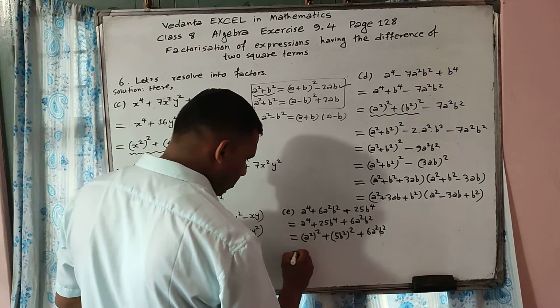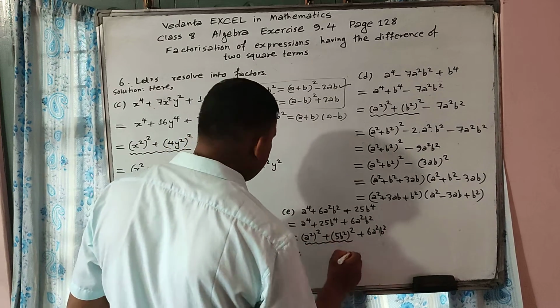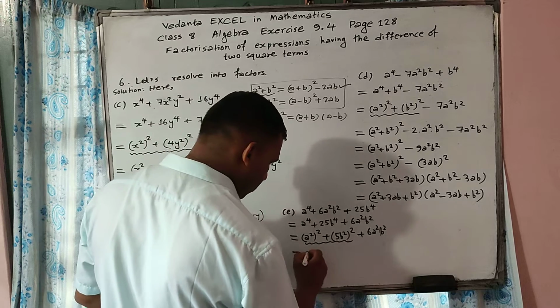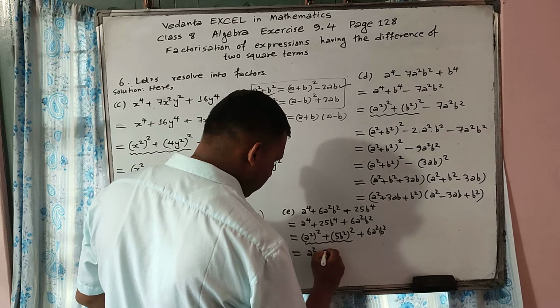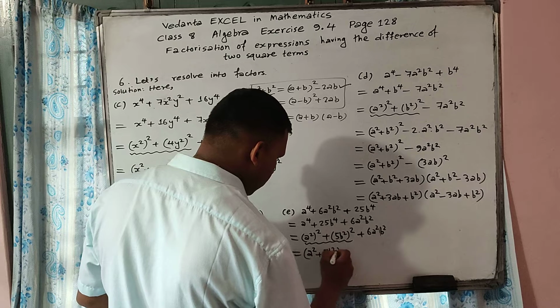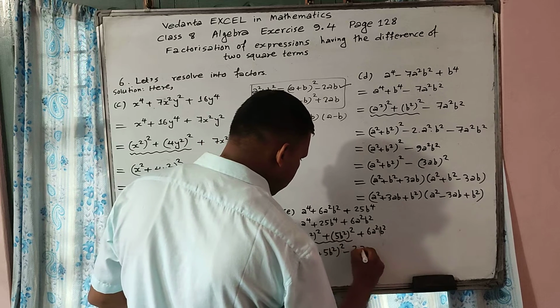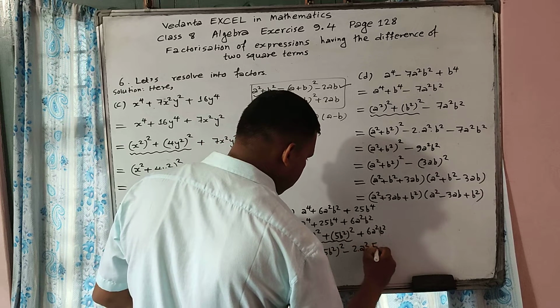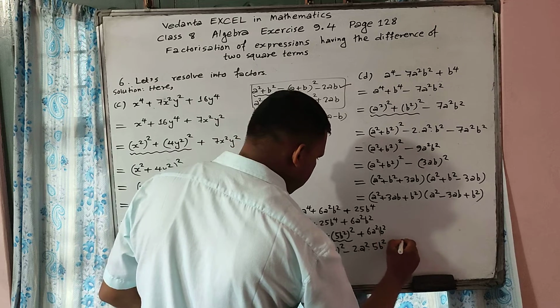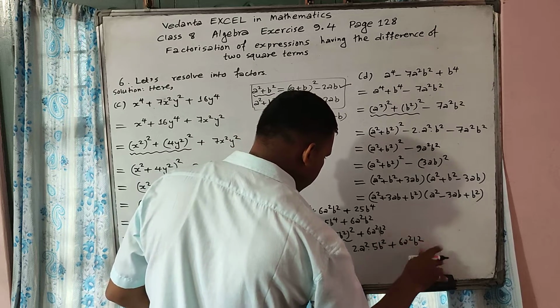Now this equals a² + b² form, using the formula (a + b)² − 2ab. So (a² + 5b²)² − 2·a²·5b² + 6a²b².